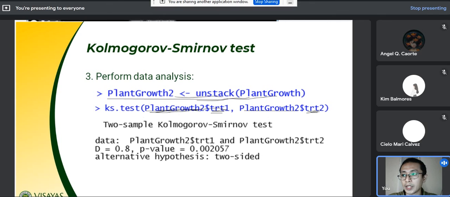And after pressing enter, we are going to get this p-value. Okay, so this is now, class, your p-value obtained. So if I say, class, I want you to round the p-value to the nearest thousandths, what will be its value?